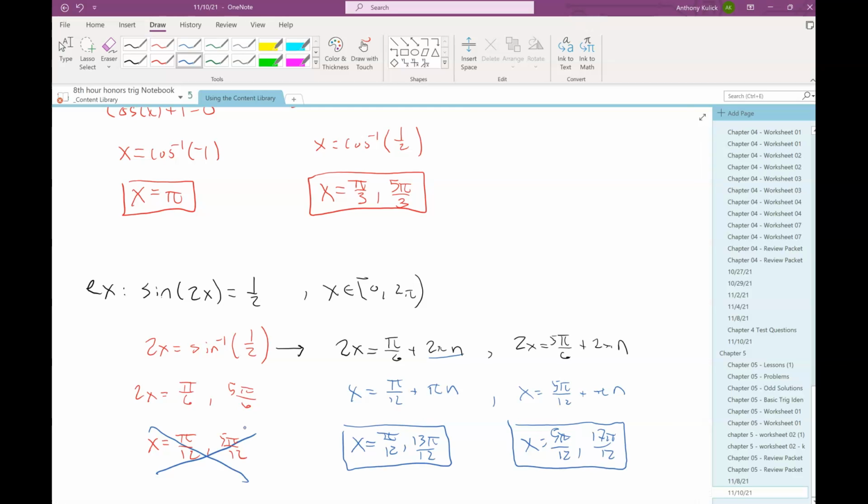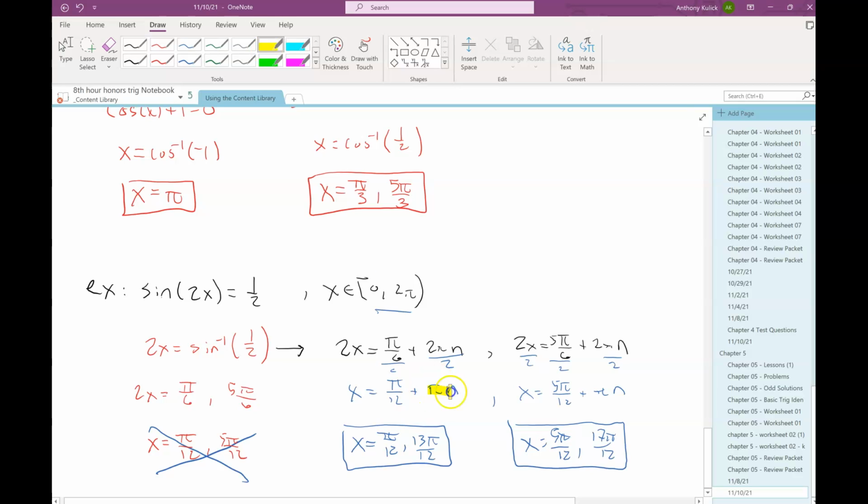Wait, why are you taking out the pi and the 2 pi? Because when I divide both sides by 2, I have to divide everything by 2. No, but your final answer doesn't include that. Well, because we're solving from 0 to 2 pi. So then why does it end there?